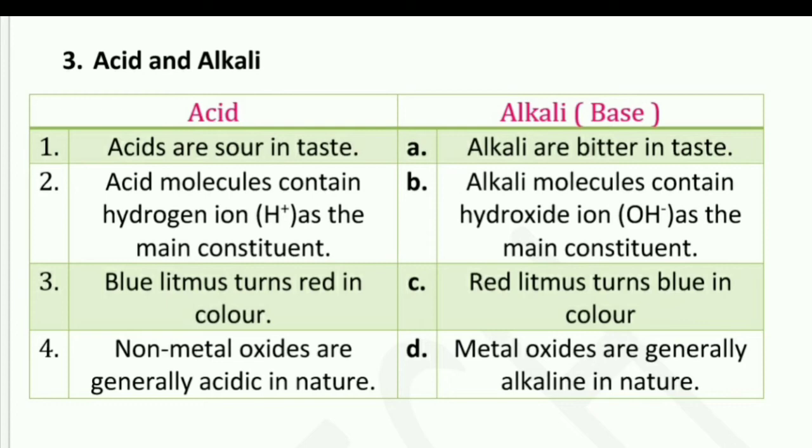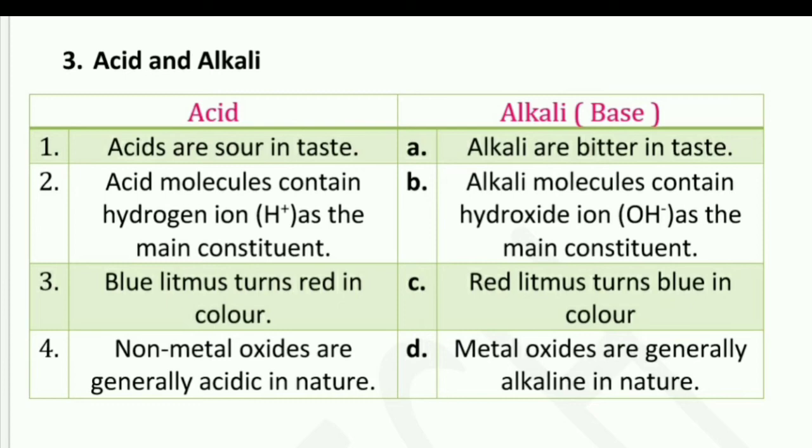In acid, blue litmus turns red in color, and in bases, red litmus turns blue in color. Remember this point, children, because you get confused with this litmus paper. So, when blue litmus paper turns red in color, the solution is acidic, and when red litmus paper turns blue in color, it is base.